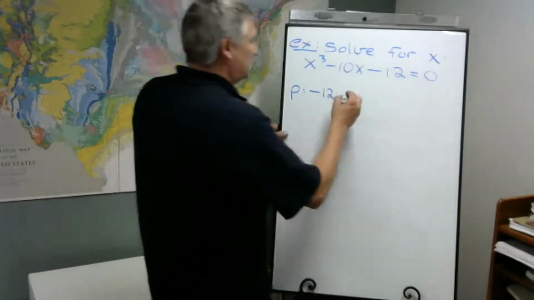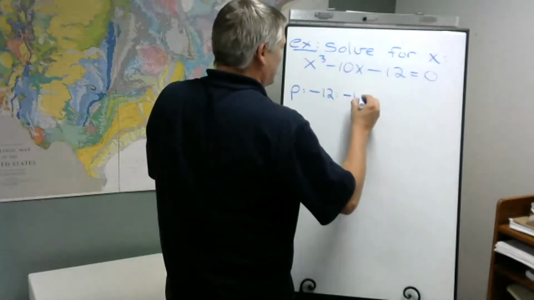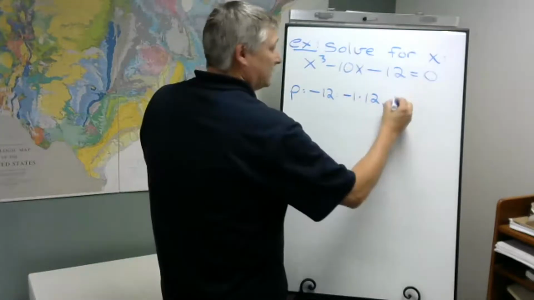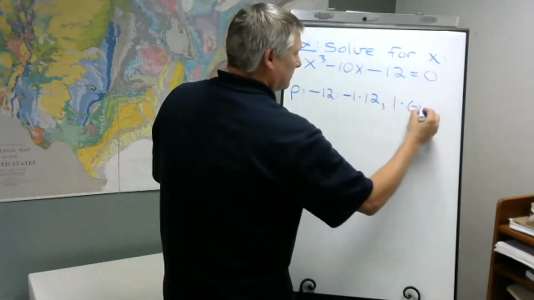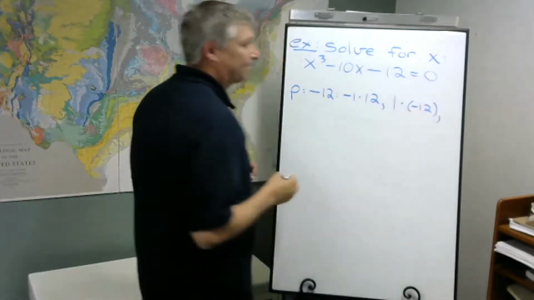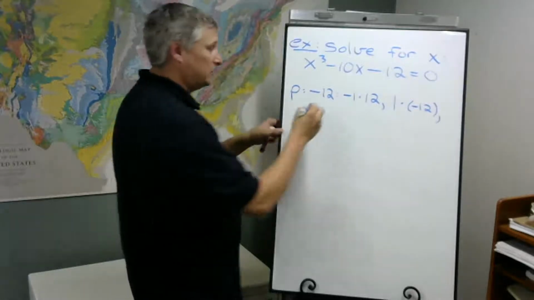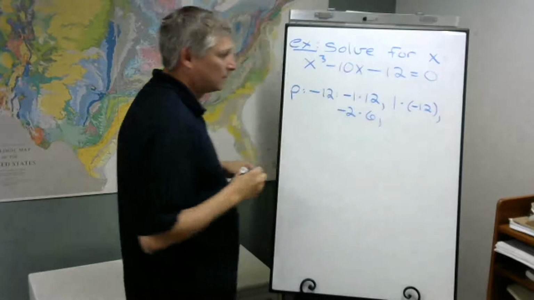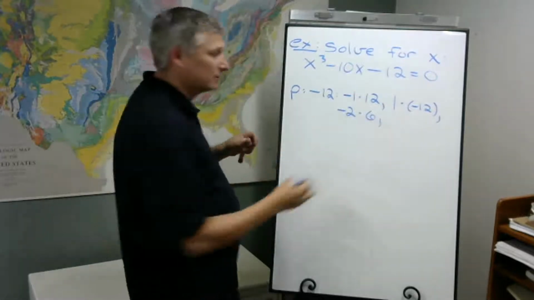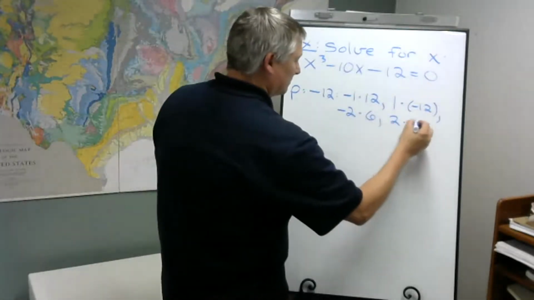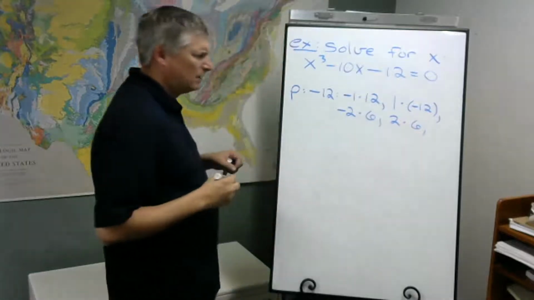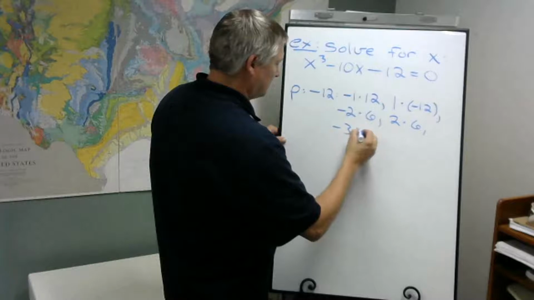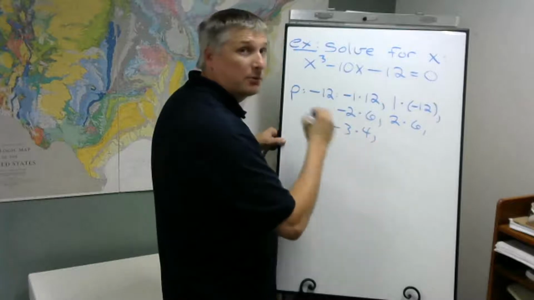Well, we could do negative 1 times 12. We could do 1 times negative 12. We could do negative 2 times 6. We could do 2 times negative 6. We could do negative 3 times 4. We could do 3 times negative 4.